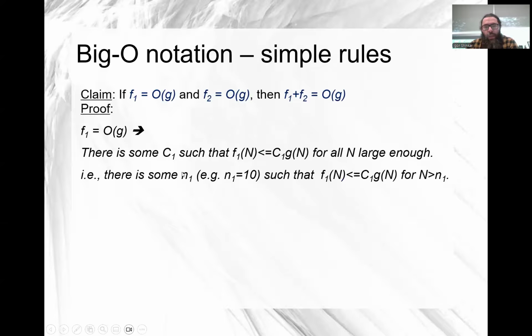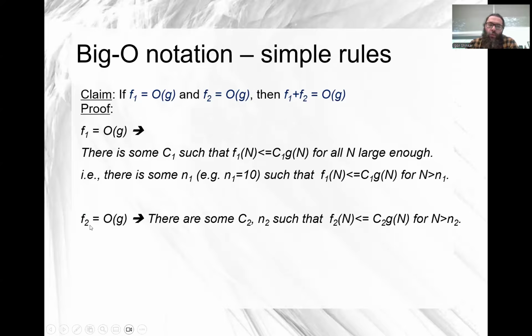There is some little n1 such that for all inputs of length more than n1, f1 is less than c1 times g of n. That's just the definition of f1 being essentially upper bounded by g. It's order of g.